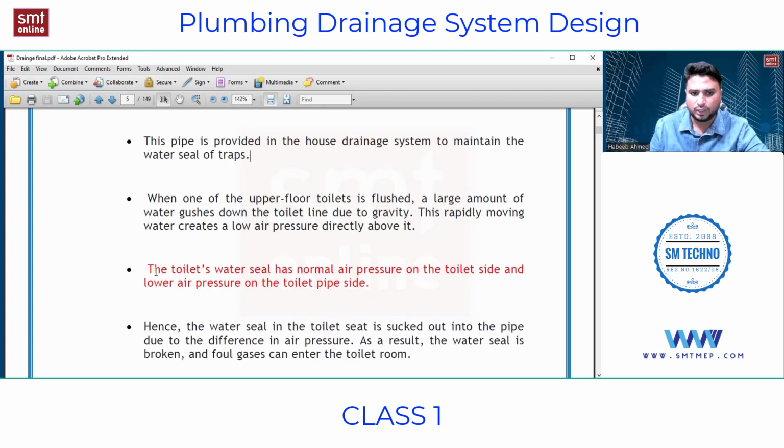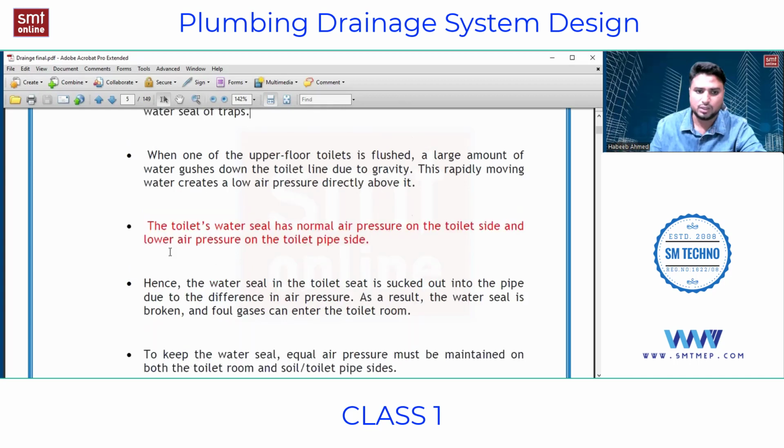Now, the toilet water seal has a normal air pressure on the toilet side. That means inside the toilet, we have normal atmospheric pressure and the seal is normal over there. And there is lower air pressure on the pipe side, because when the water is going below, it creates negative pressure, or suction.